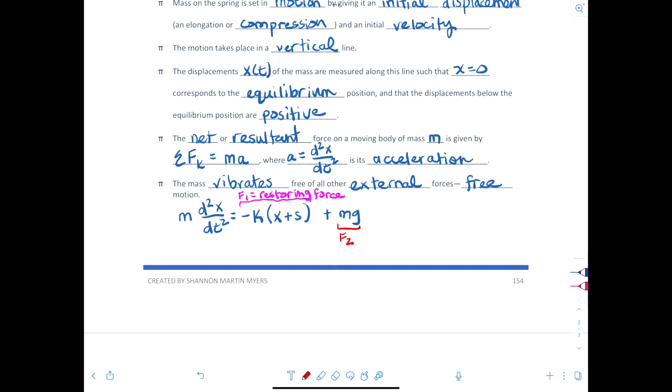And that is the weight of the mass, which always acts in a downward position, so it's positive.